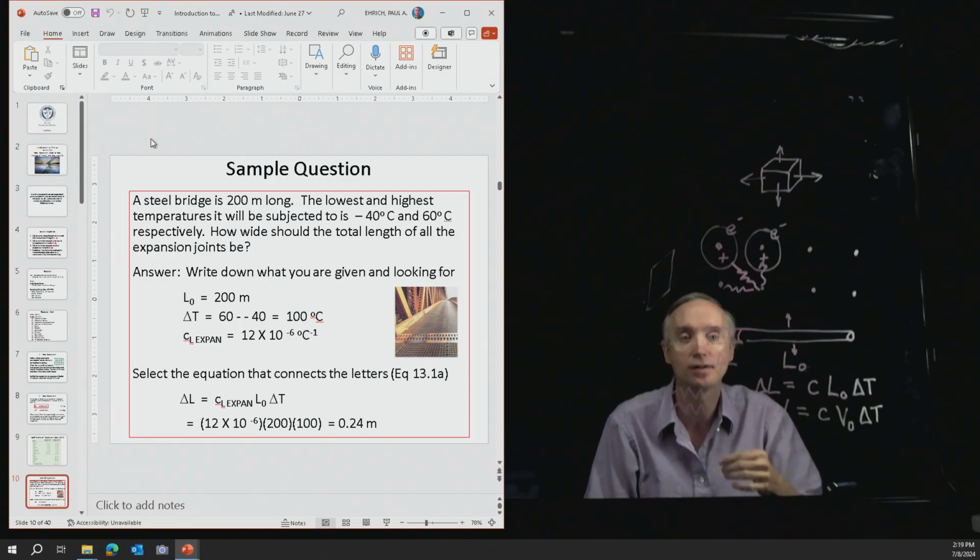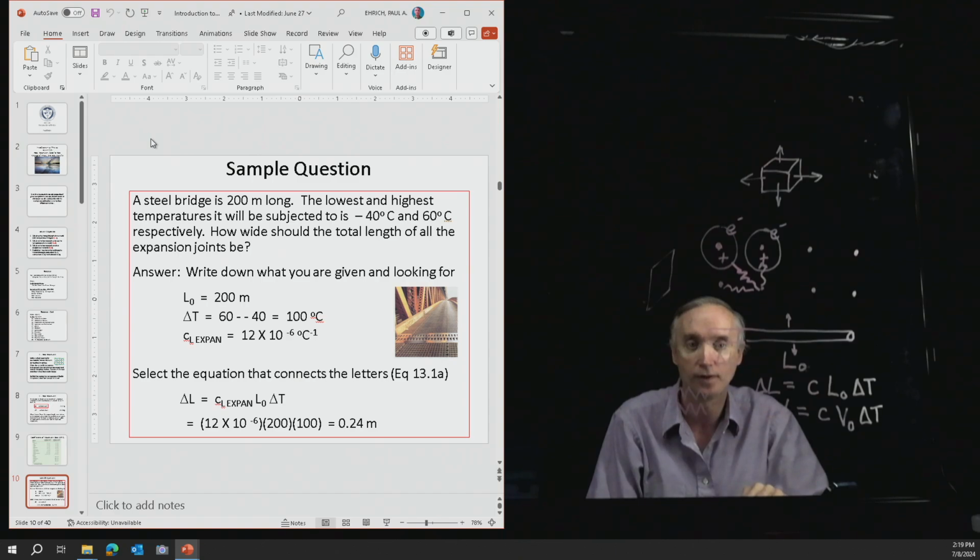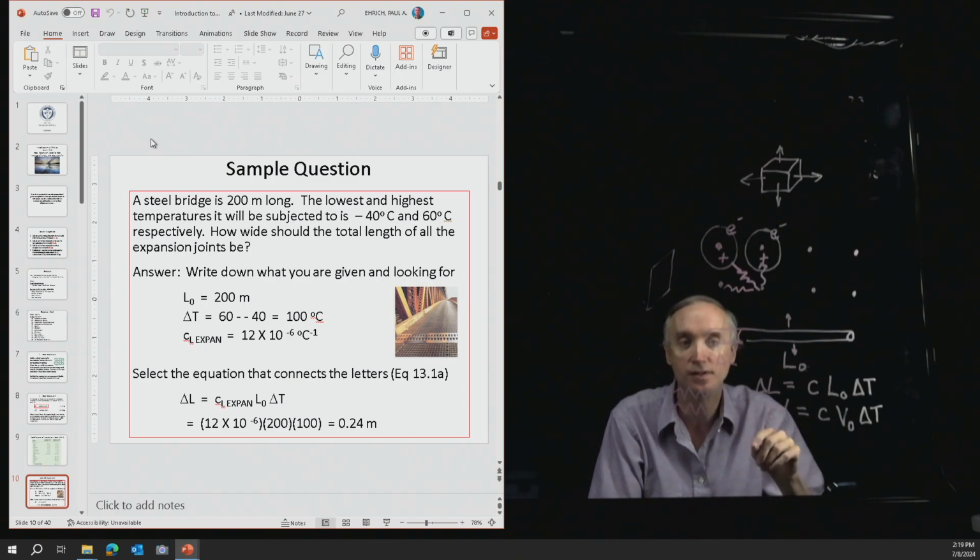So we're going to take 60 minus negative 40. Remember to add those numbers together. 60 plus 40 is 100 degrees Celsius. Then it says that it's a steel bridge, so we can go back to that previous chart and find the coefficient of expansion for steel, and it turns out to be that number.